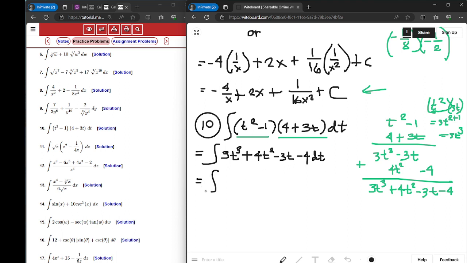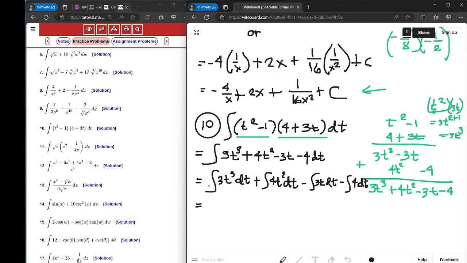So this will become the integral of 3t cubed dt plus the integral of 4t squared dt minus the integral of 3t dt minus the integral of 4 dt.